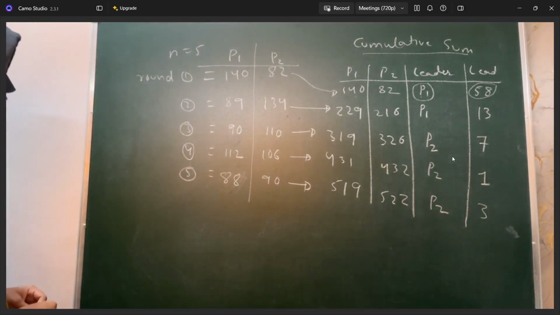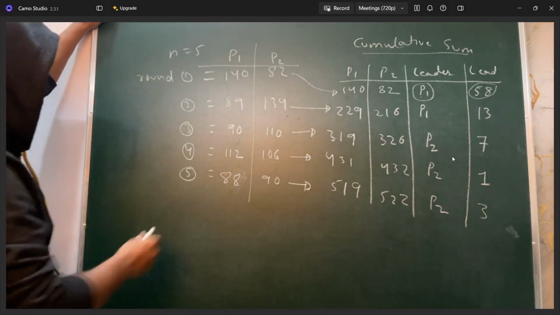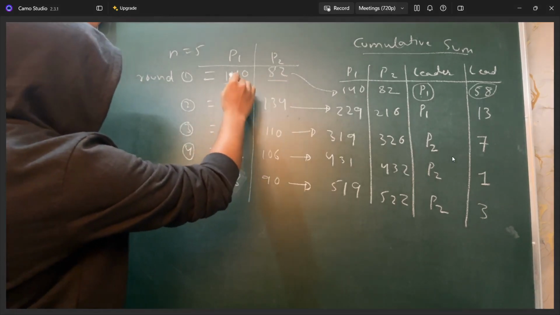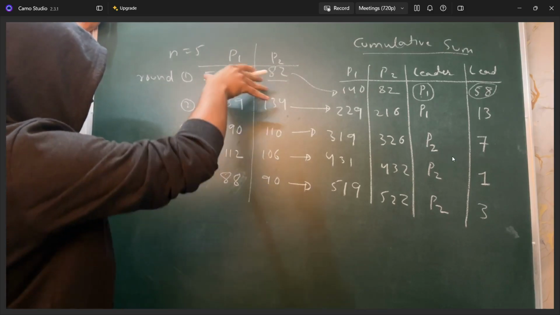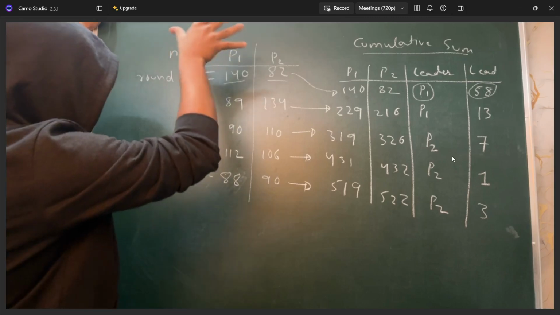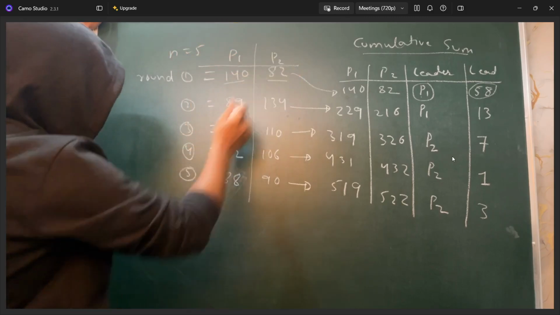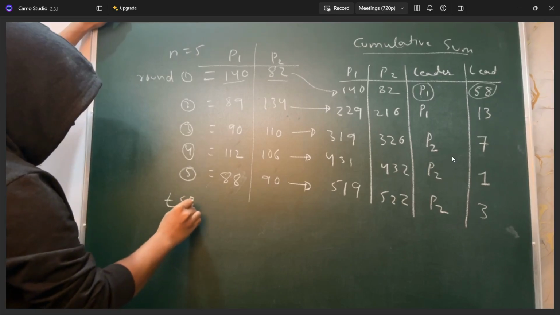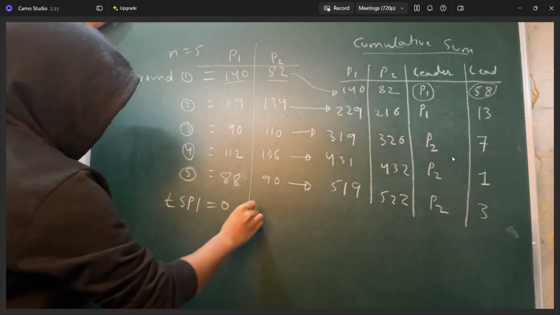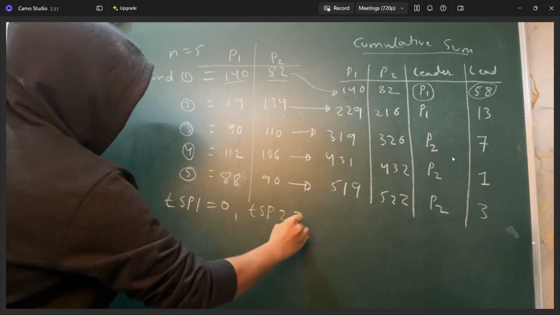While coding, what I'll be doing is taking the temporary score in each round, right? I'll be maintaining a total score of player 1 and player 2. So let's say total score of player 1, initially it will be 0. Total score of player 2, initially it will be 0.